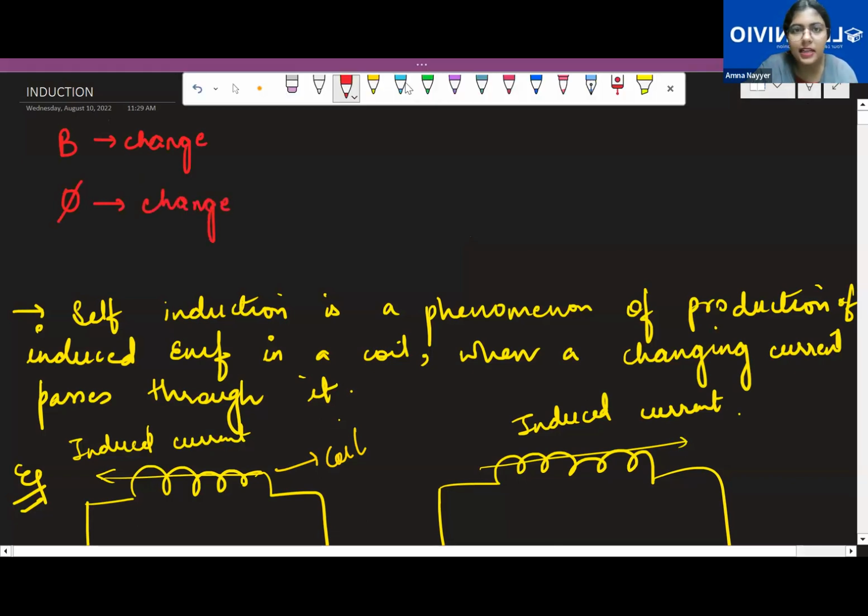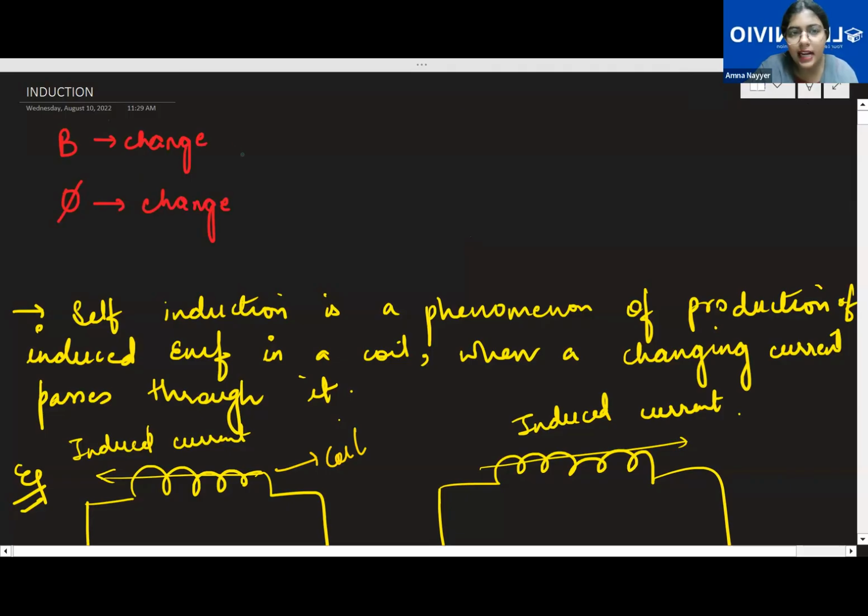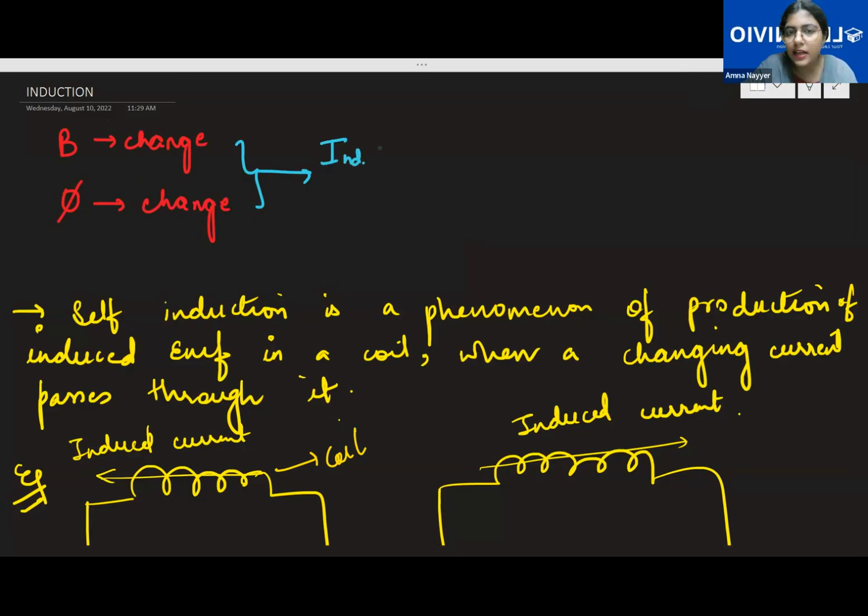We also discussed that a change in magnetic flux would cause an induced current or an induced EMF to exist. This is what we've already studied, which was one of the laws of Faraday, correct? Now, induction means, let's say I have a coil here.